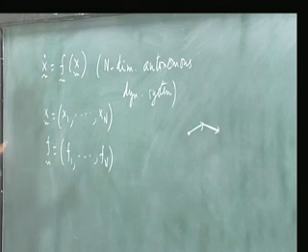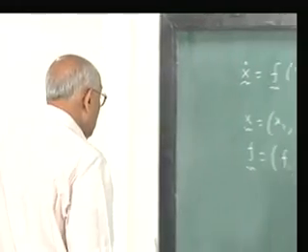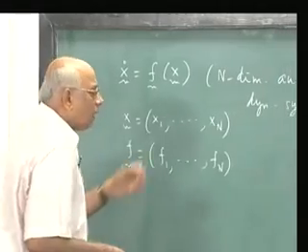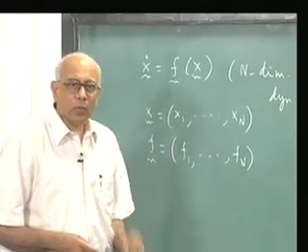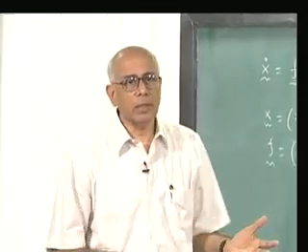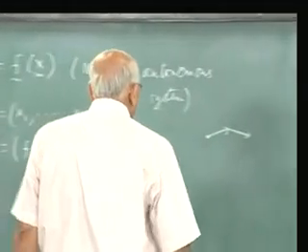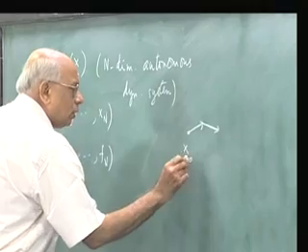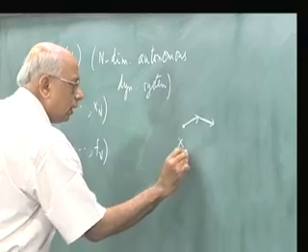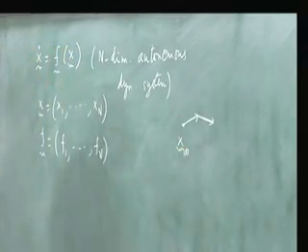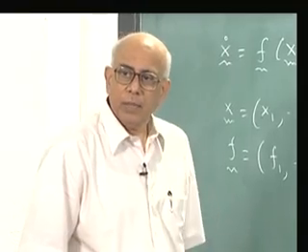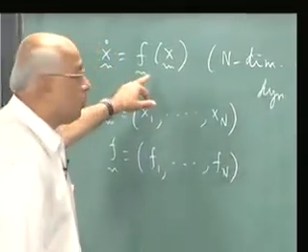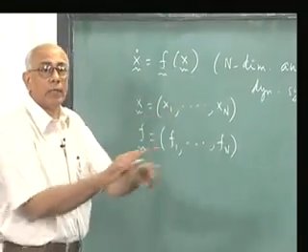I pointed out that in general this is not an easy task because f is a very complicated nonlinear function which combines all these variables and intricately mixes them up. But if you look at any typical point, local solvability is always possible, and the reason is, if I consider some arbitrary point x naught to start with, then in the immediate vicinity of x naught I can do a Taylor expansion of this function about the point x naught.